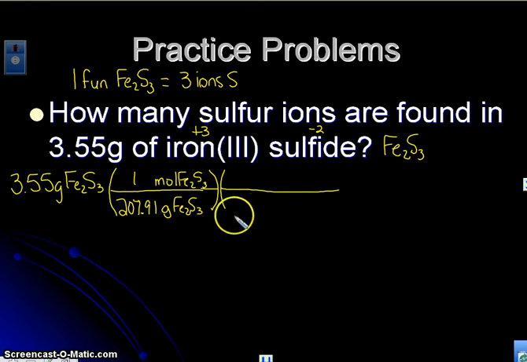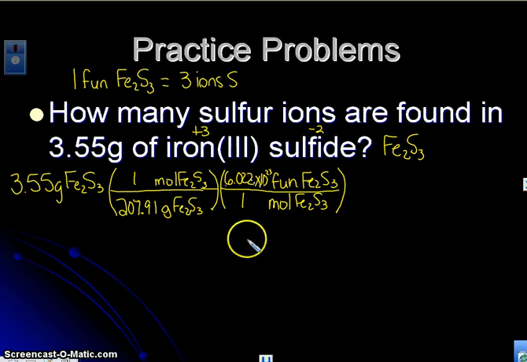Now we need to go from moles to formula units of iron 3 sulfide before we can calculate our ions. So we want to set up our conversion factor so that we have moles on the bottom, and we have our particles on the top, which are formula units of Fe2S3. We use Avogadro's number to go between particles and moles, so that's 6.022 times 10 to the 23rd. Our particles here are formula units, and that's the number of formula units in 1 mole.